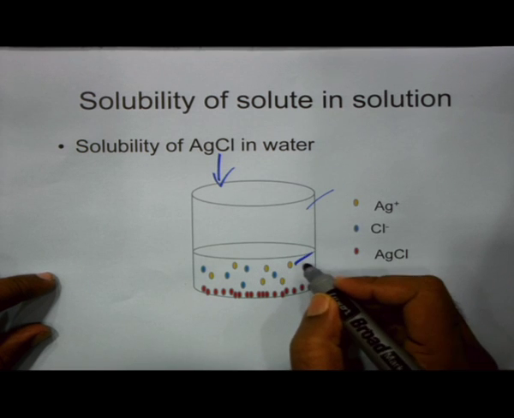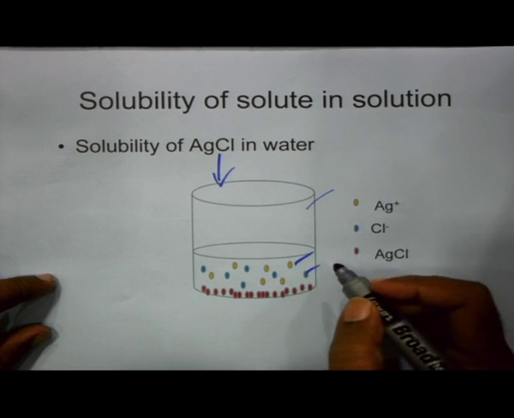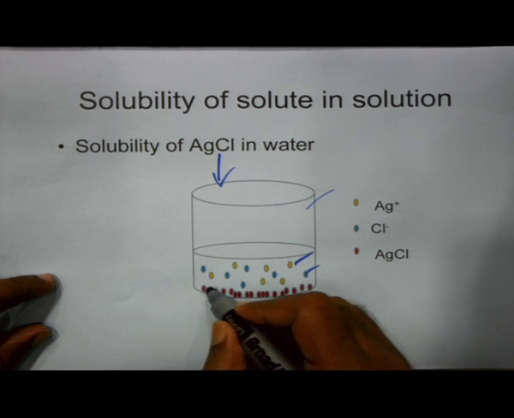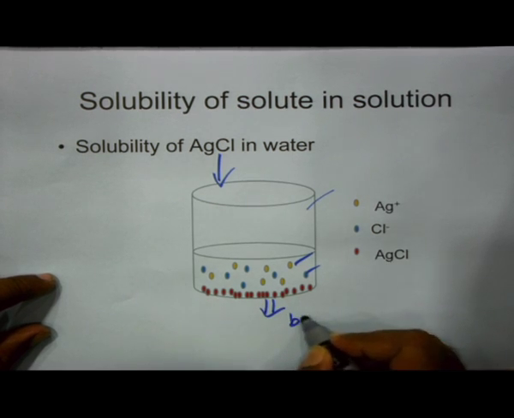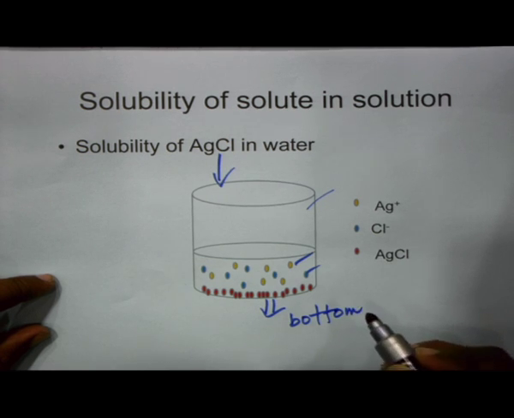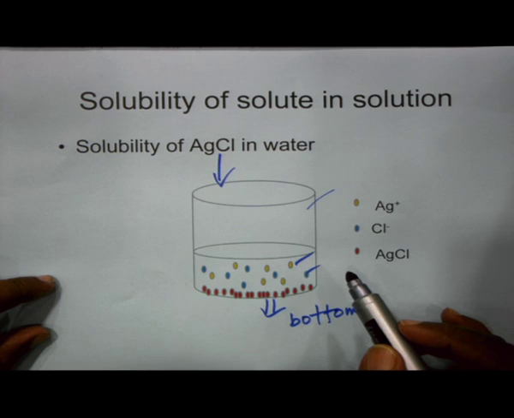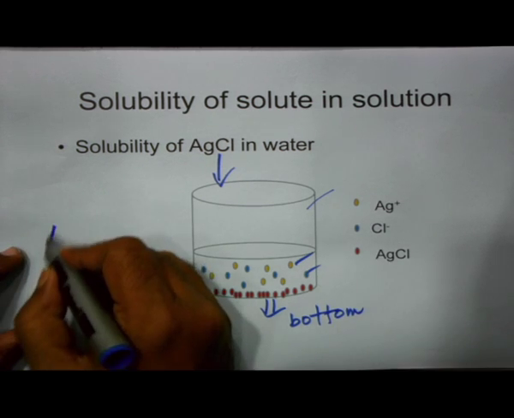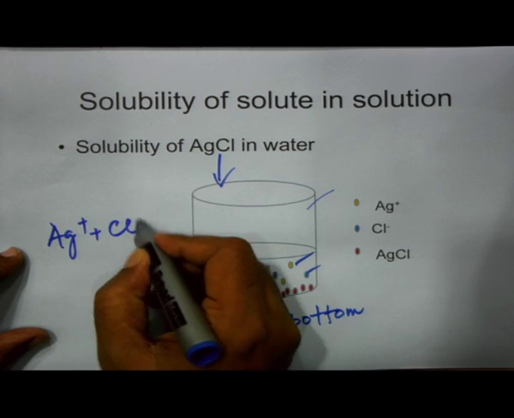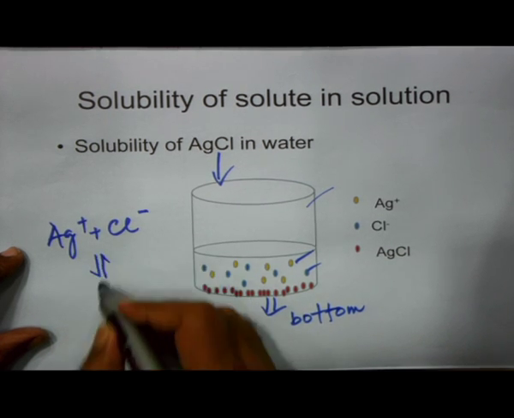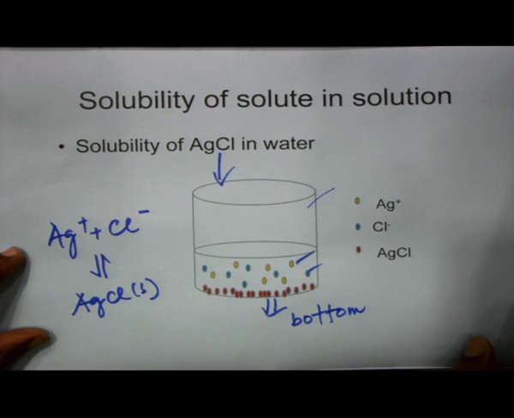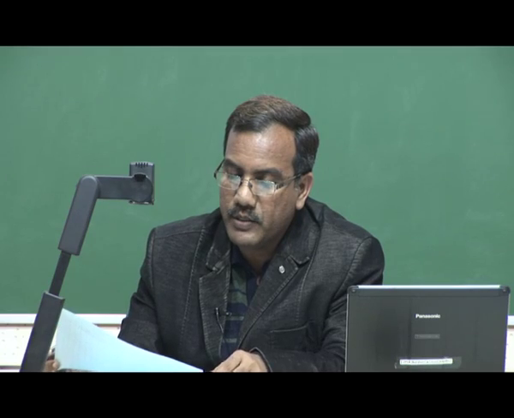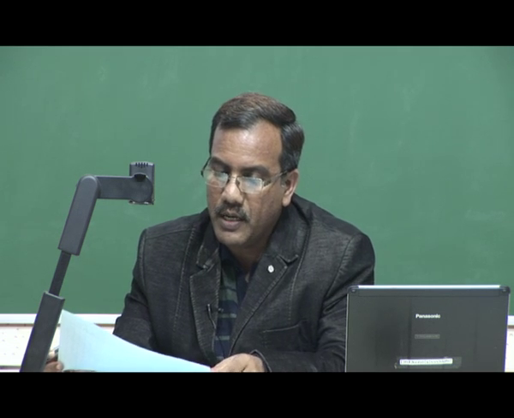These are the soluble forms Ag+ and Cl-, while a lot of AgCl settles down at the bottom. It means this is a reversible reaction, and Ag+ and Cl- are in equilibrium with solid AgCl. So this is a different kind of equilibrium where we are looking at solubility of a solute in solution.